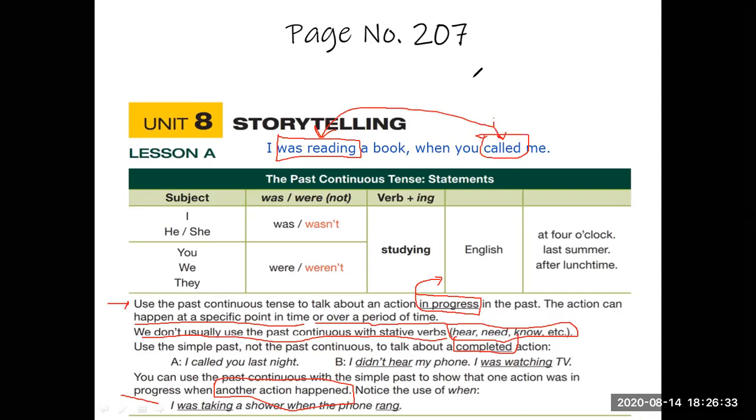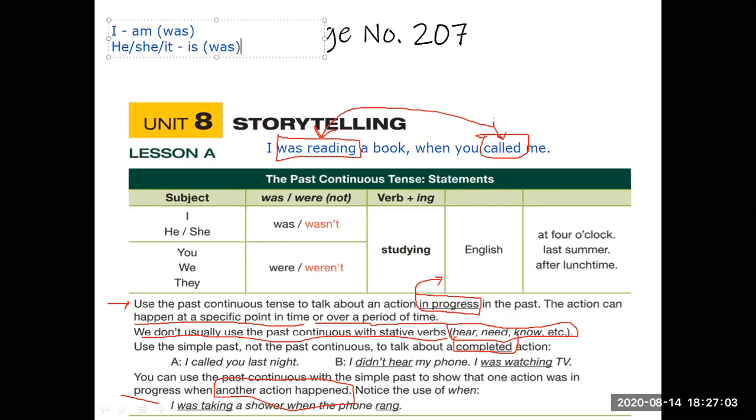You just have to follow the same rules that you follow with the present continuous. The only thing is that for I, instead of using am, you are going to use was. For he, she, it, instead of using is, you are going to use was also.